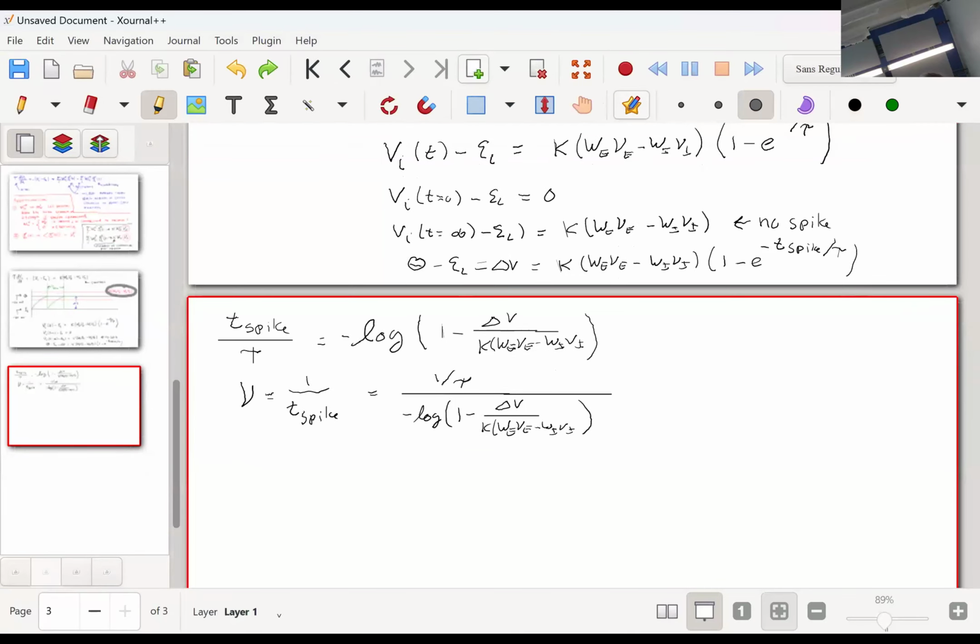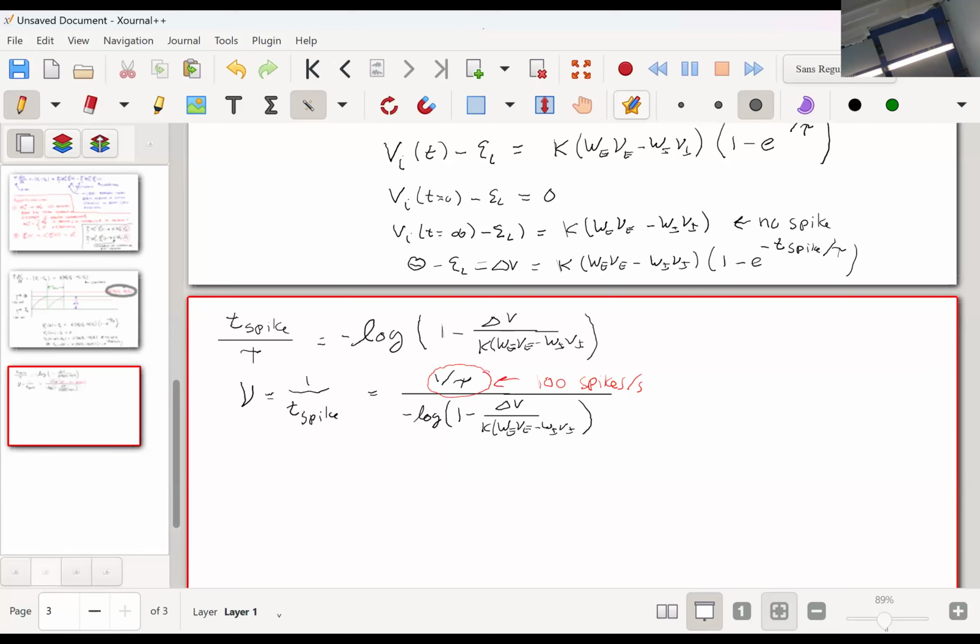If this quantity here is less than delta V, this log is negative and it's undefined. It's basically infinity. What that means is the neuron never spikes. So we have to have K W_E nu_E minus W_I nu_I greater than delta V. And when that happens, tau is 10 milliseconds, so this quantity here is 100 hertz, 100 spikes per second.